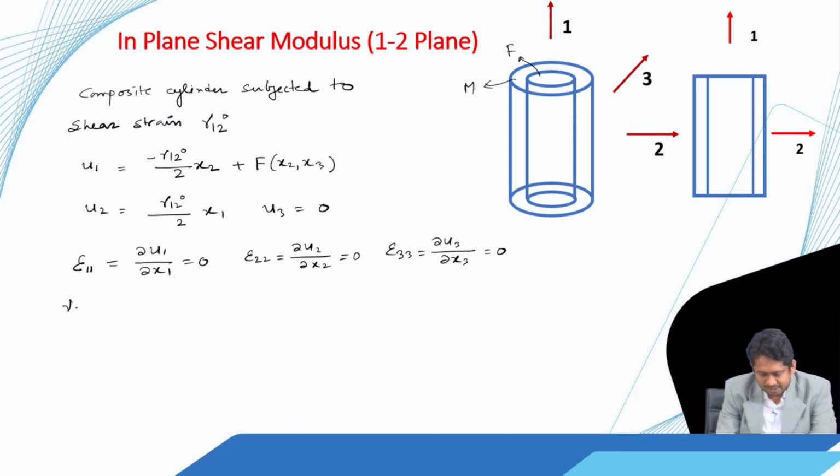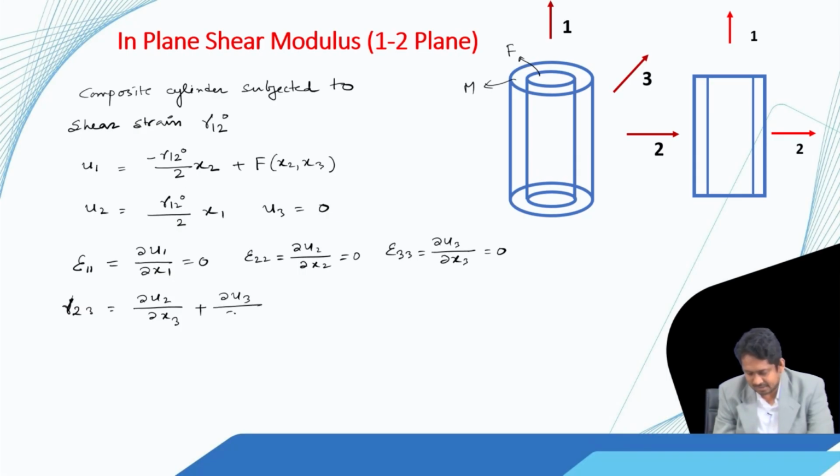Now, we evaluate the shear terms. So, we have gamma 23, which can be written as del u 2 by del x 3 plus del u 3 by del x 2, and that quantity can be written as zero.